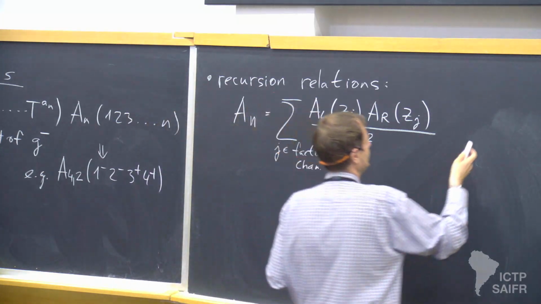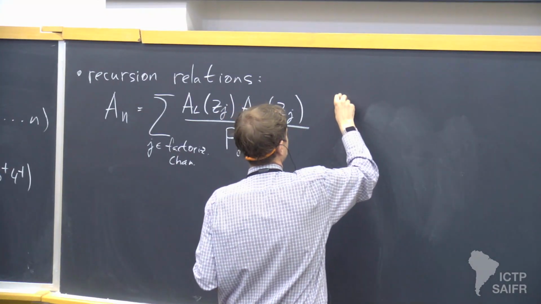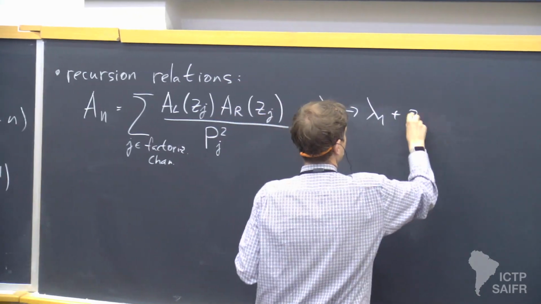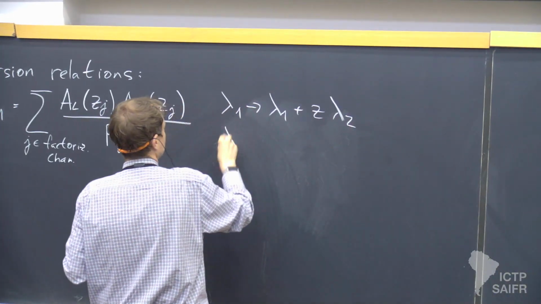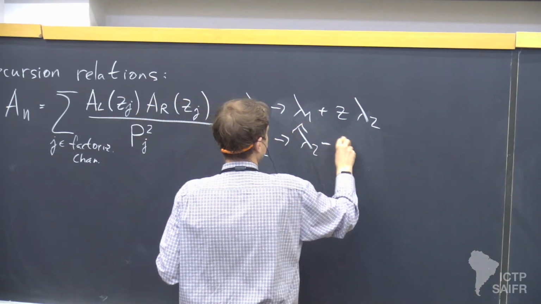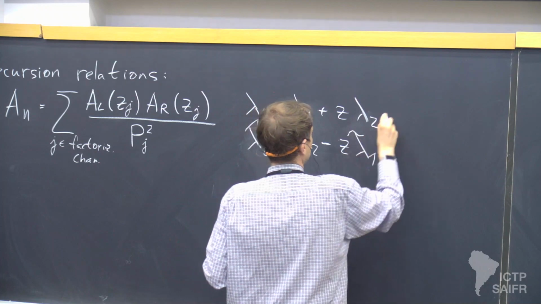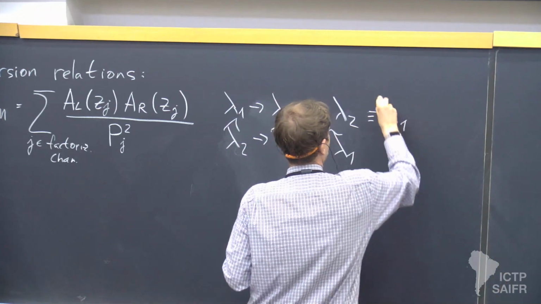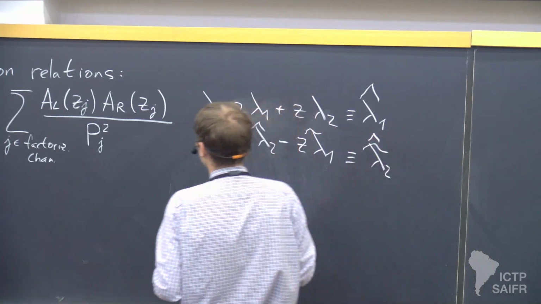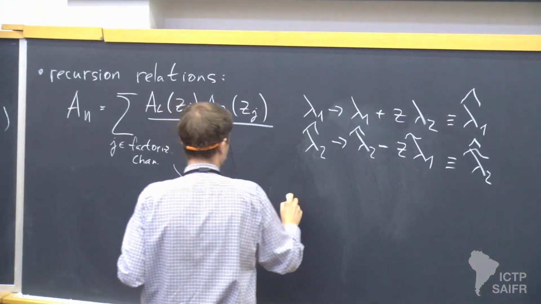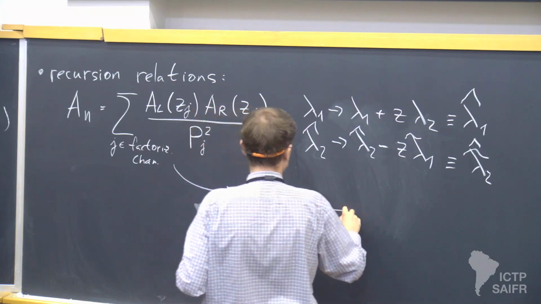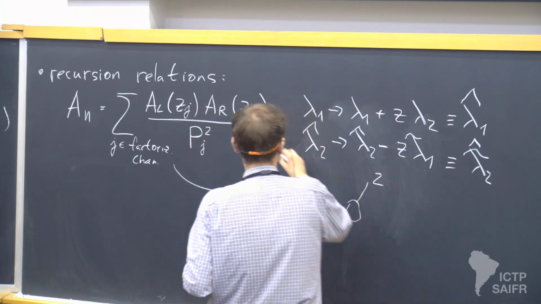For the shifted amplitude, let's say we did this shift of lambda 1 going to lambda 1 plus z lambda 2, and lambda 2 tilde going to lambda 2 tilde minus z lambda 1 tilde. We call these lambda 1 hat and lambda 2 tilde hat. So the only factorization channels that enter here are the ones where 1 is on one side and 2 is on the other side.